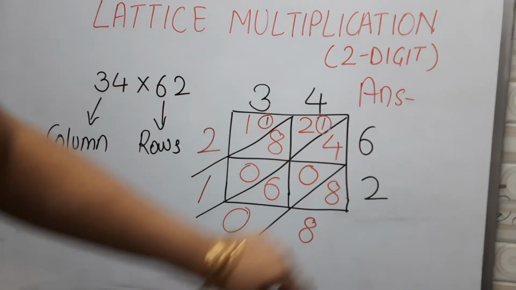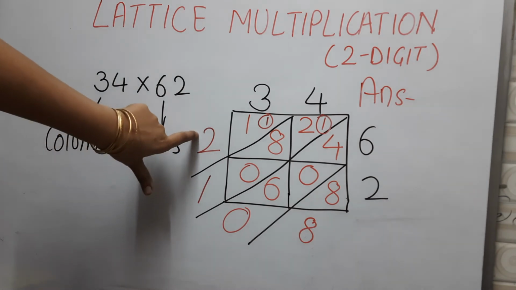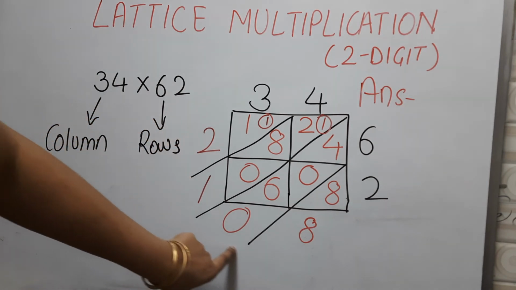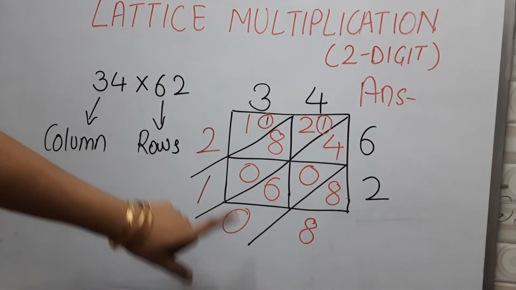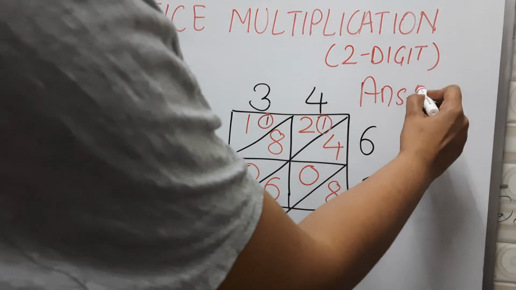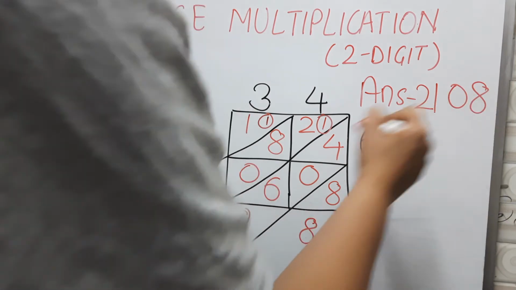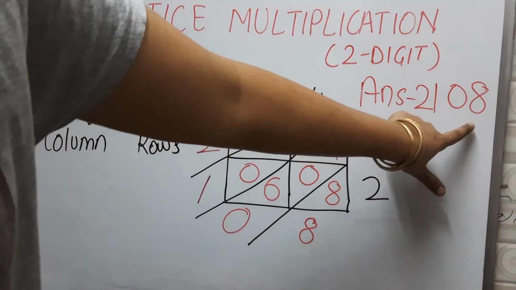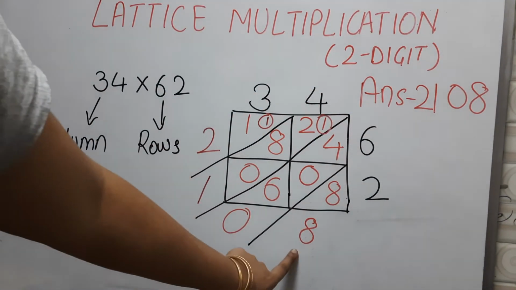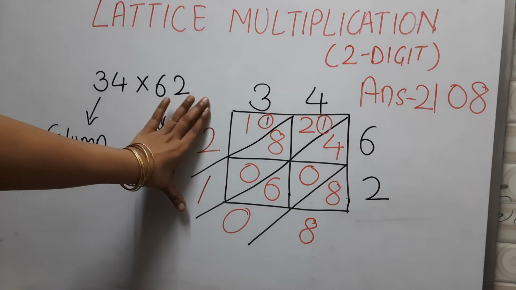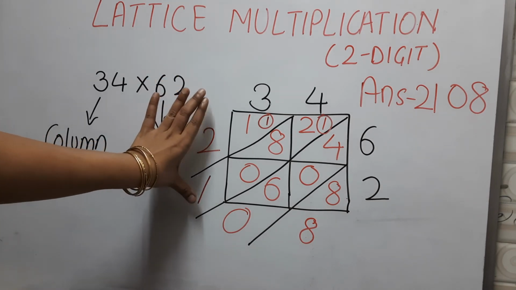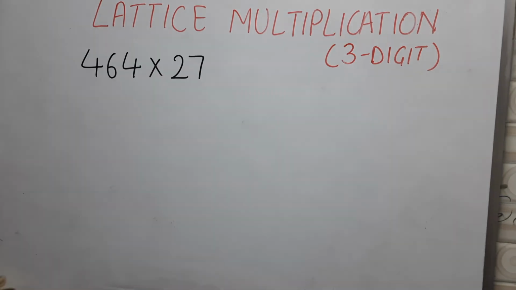Okay, for the final answer I'll move from top till bottom towards my right. So here the numbers are 2, then 1, then 0, and then 8. So this is 2108. This is my final answer, and this is how we do multiplication in a lattice.